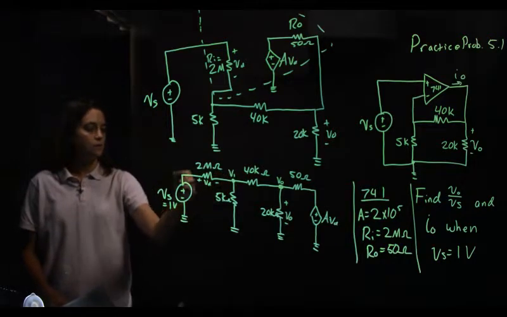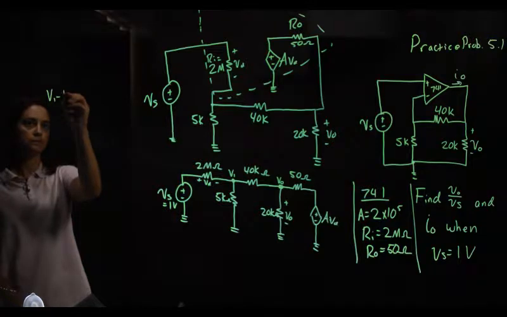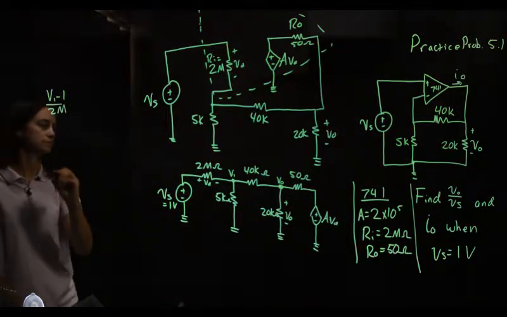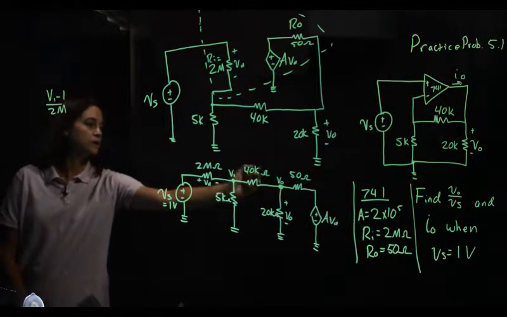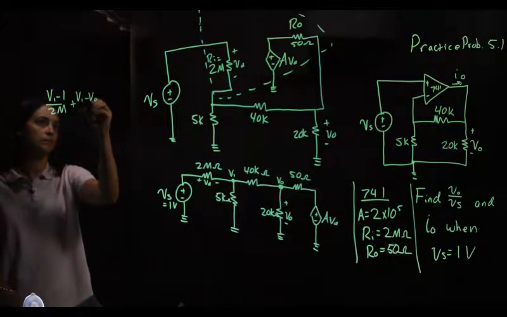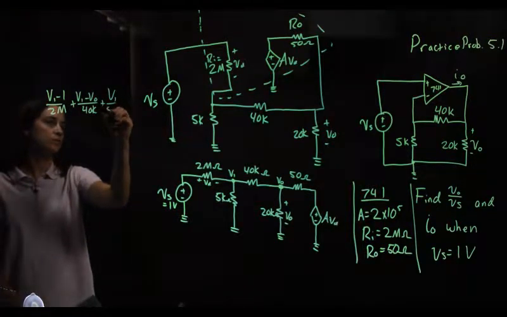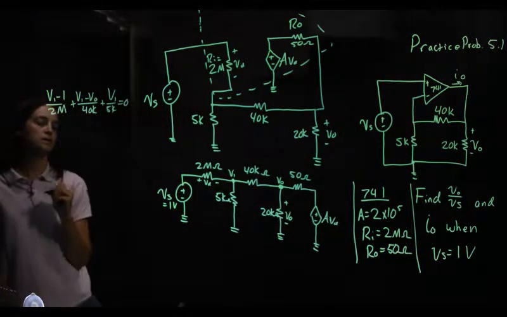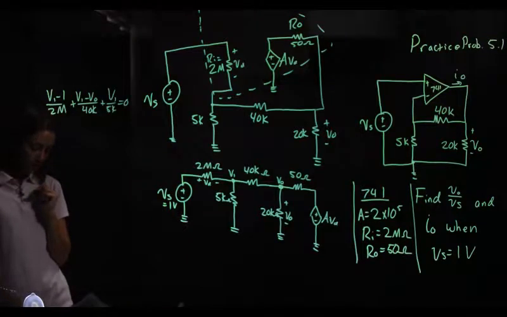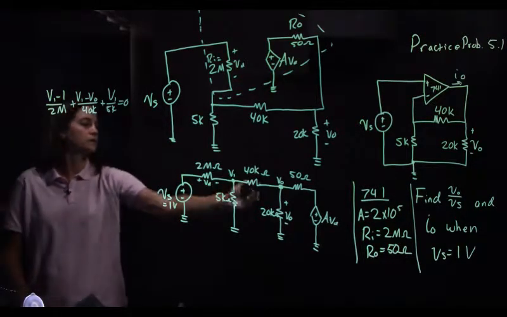So I have (V1 minus 1) over 2 meg plus (V1 minus VO) over 40K plus V1 over 5K equals 0. And did I reduce that down? I don't think I did on this page. Let's write nodal for here.